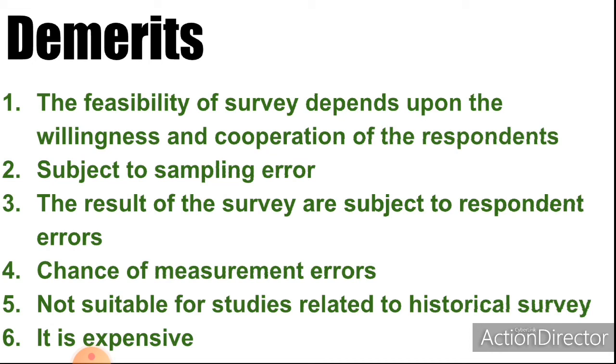Next disadvantage is the results of the survey are subject to respondents' error. Then there is a chance of measurement error. It is not suitable for studies related to historical survey. Then next disadvantage is it is expensive. When compared to other methods, it is expensive.